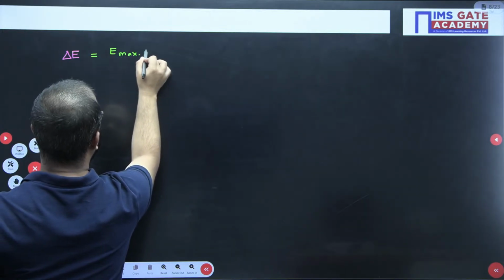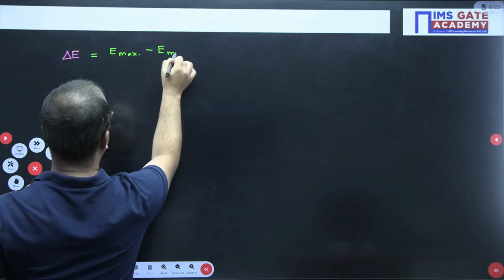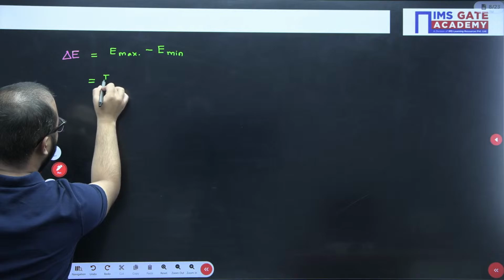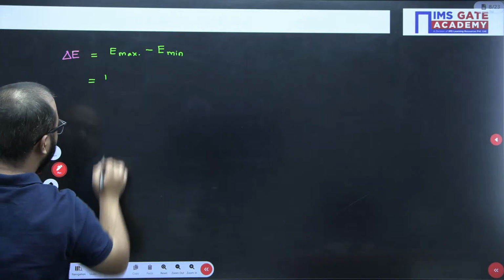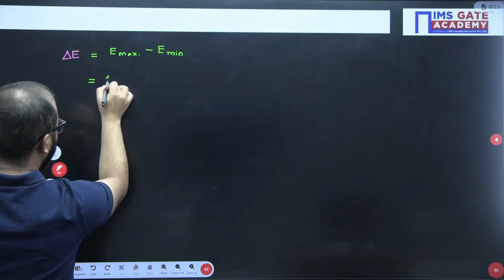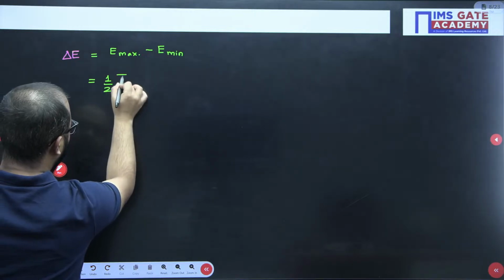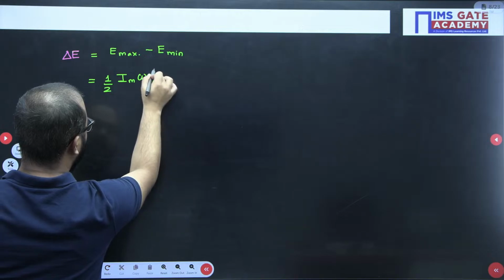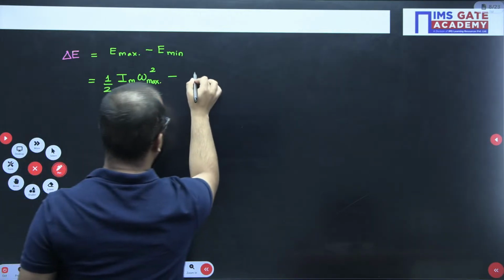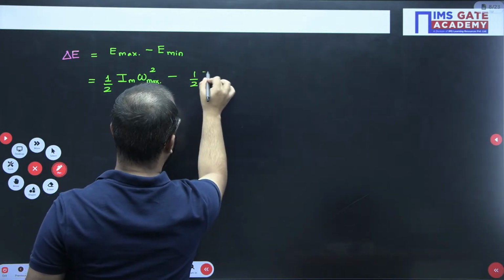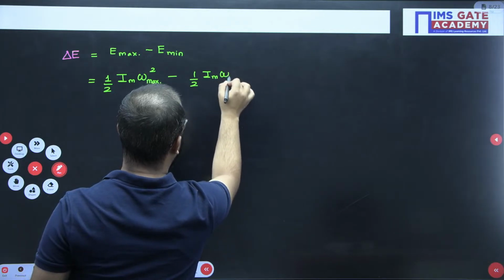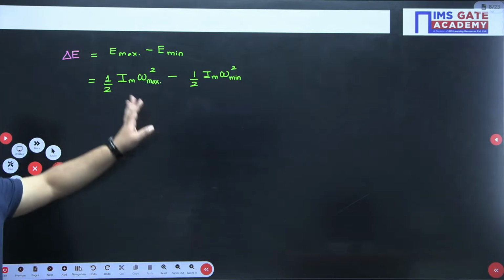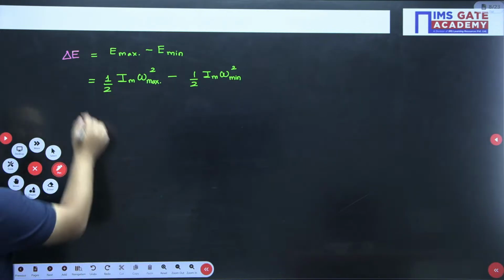E max minus E min, that is half I omega max square minus half I omega min square. Right, clear? Like this also we can write delta E value, so there is no problem.